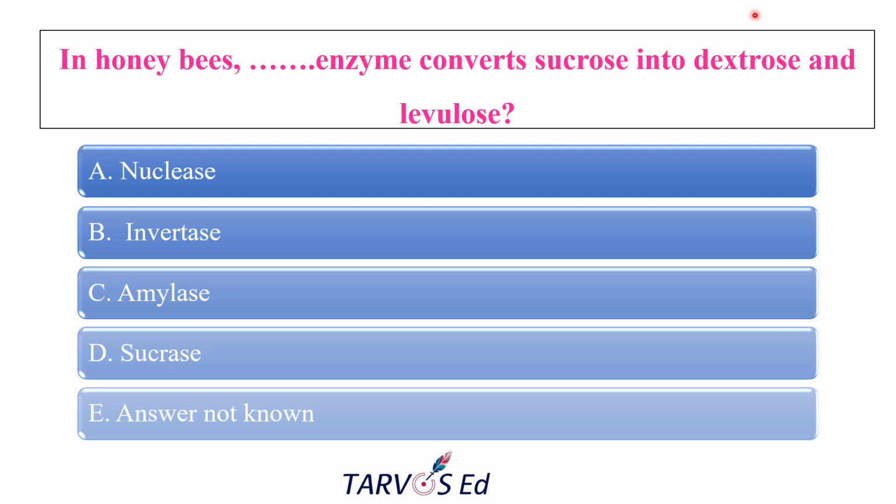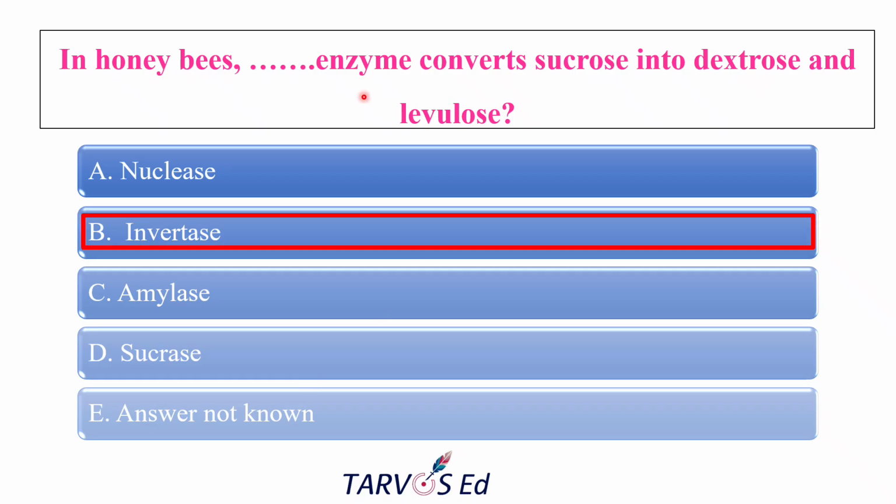So that they are able to reduce the water content present in the honey, and it also helps in preventing crystallization, makes the honey easier to digest and store, and gives the honey extra sweetness. Okay, so that's why. The options given for this are nuclease, invertase, amylase, sucrase, and the answer is not known. And the correct answer is invertase.